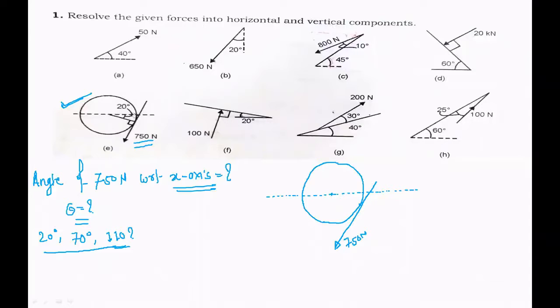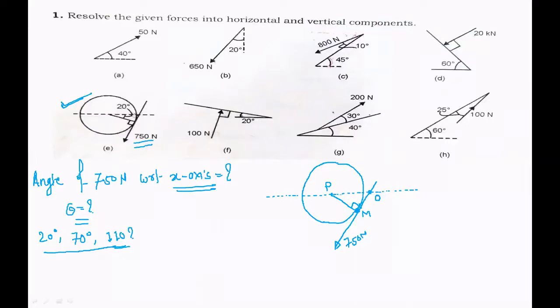And the radius is perpendicular to the point of tangency. So this is 90 degree. Consider this point as M, this point P, and this point O. In the triangle OPM, this is 90 degree.